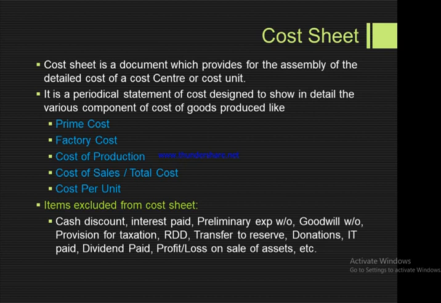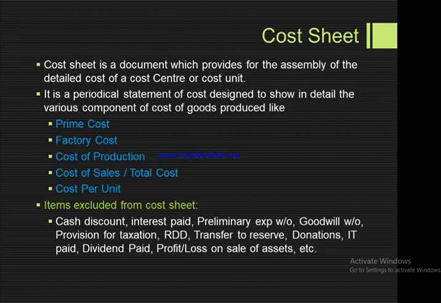This cost center can be a brick in a brick manufacturing industry; in a roti manufacturing industry, what is the cost of preparing one roti; or if it is a candy ice cream manufacturing unit, what is the cost of preparing one candy ice cream. Depending on the cost center under consideration, the cost sheet is used.